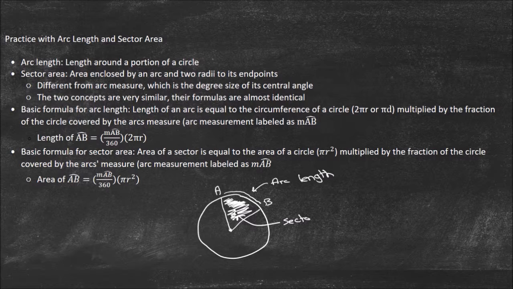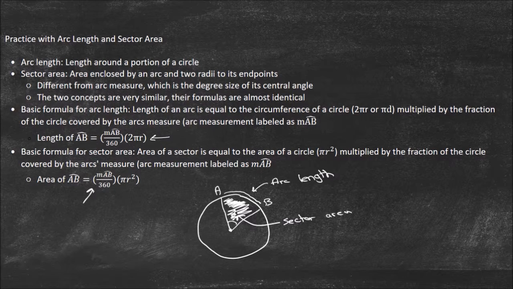The good thing is that the way you calculate them is almost the same. We figure out what portion of the entire circle the angle covers. If this angle was 90, it would be 1/4 because the entire circle is 360. So we take the measure of the central angle divided by 360 for both formulas, and then multiply by the entire circle's length or area.